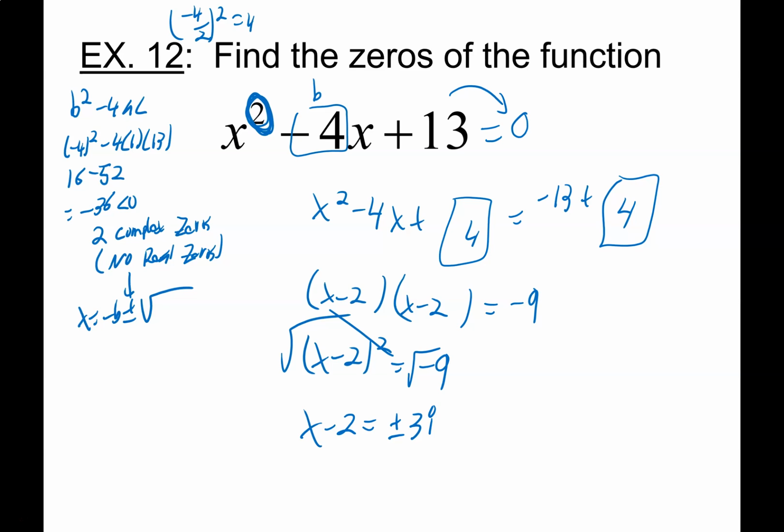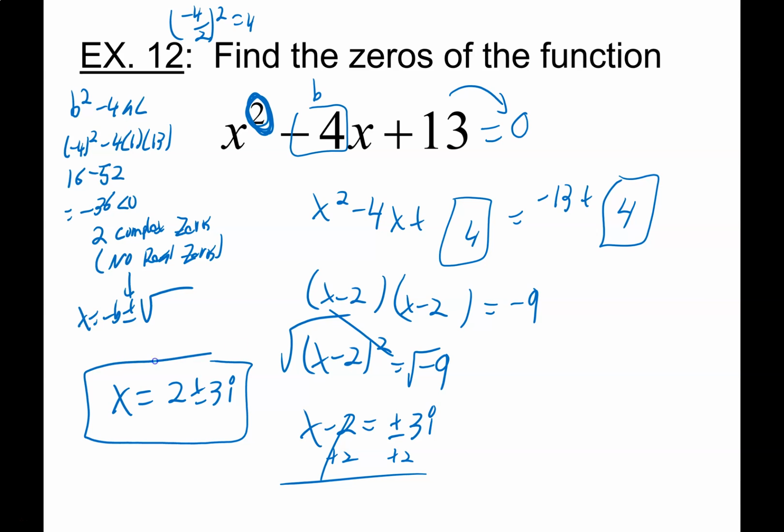So then I move the 2. And since they're not like terms this time, if you just wanted to say x equals 2 plus or minus 3i, I would take it. If you like separating them and saying 2 plus 3i and 2 minus 3i, I would take that as an answer too.